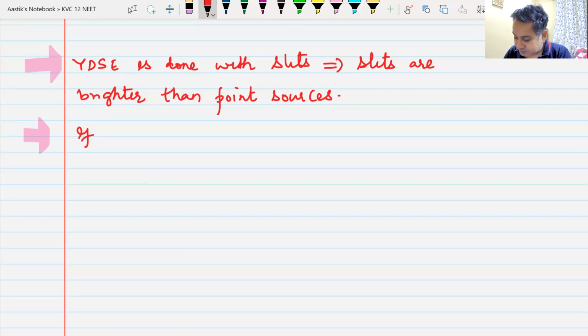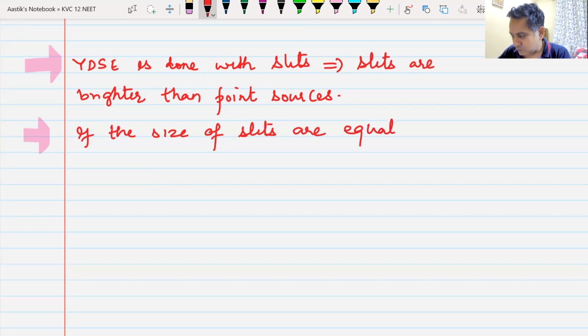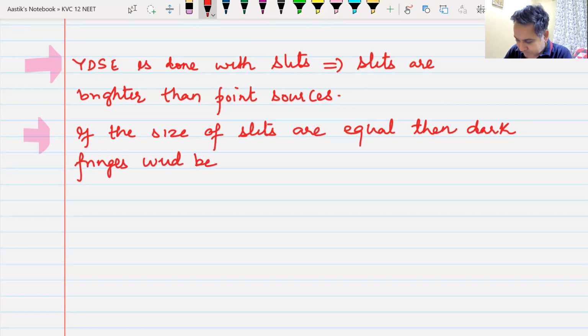If the sizes of the slits are equal, then dark fringes would be completely dark, literally dark, no light.